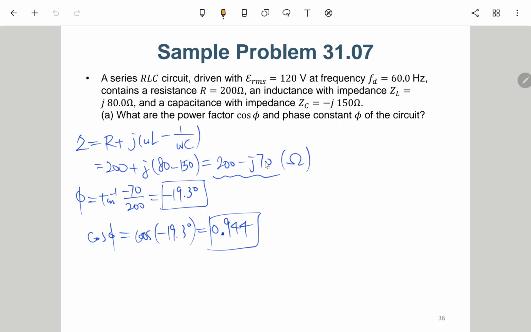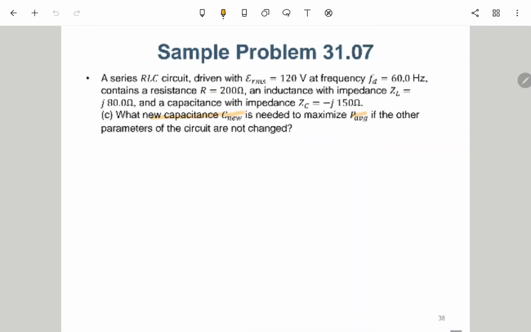If we would like to maximize P average, we need to make the imaginary part 0. So in that case, we need to make the capacitive reactance negative j80 instead of negative j150. So the new Z will be 200 ohm plus j0.